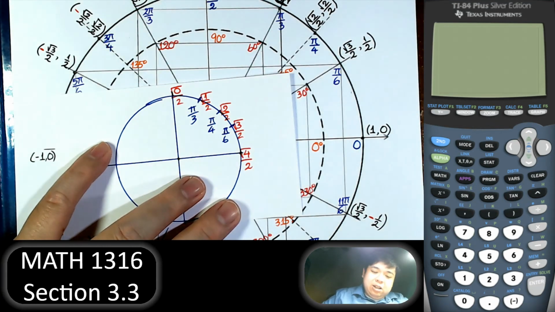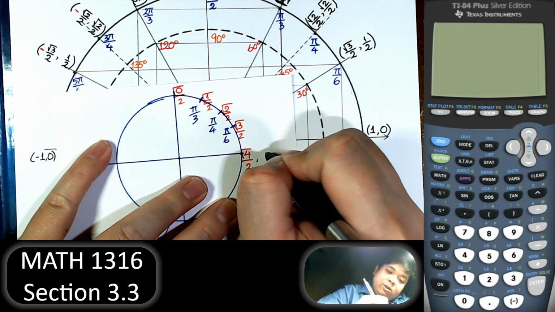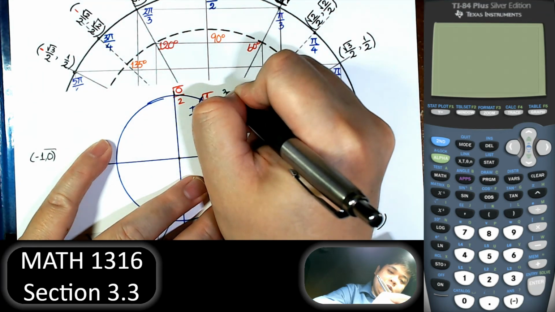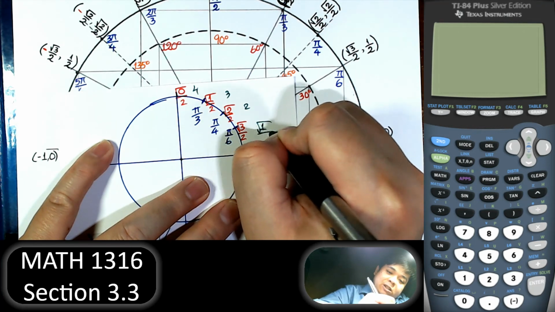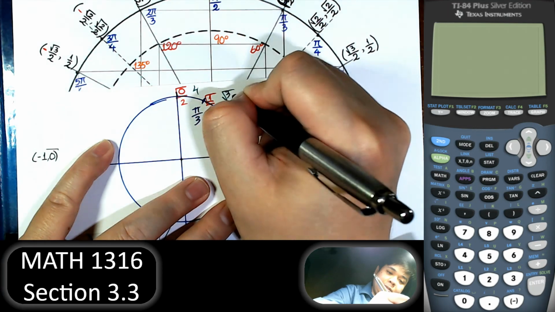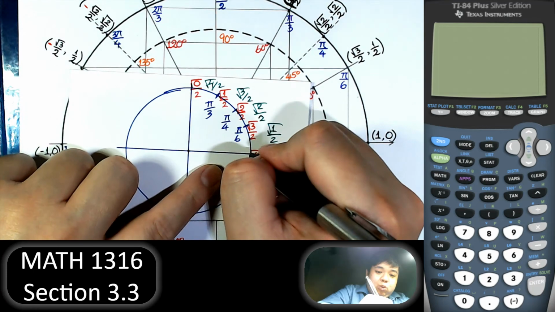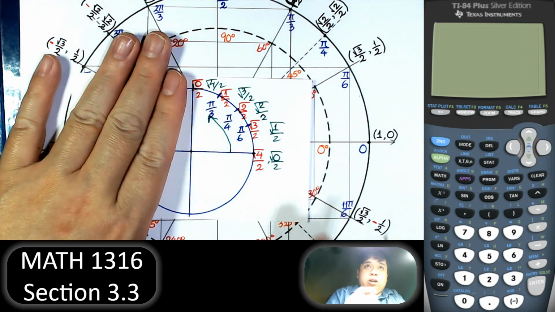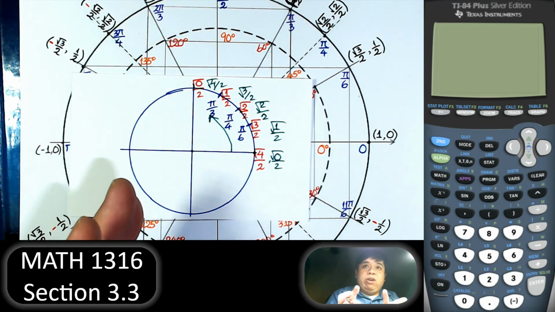Now the y values of these points. Originally the y value here will be 0, and it will be increasing: 0, 1, 2, 3, and 4. And once again, we take the square root. Notice that as we go counterclockwise in the first quadrant, the x value is decreasing and the y value is increasing.